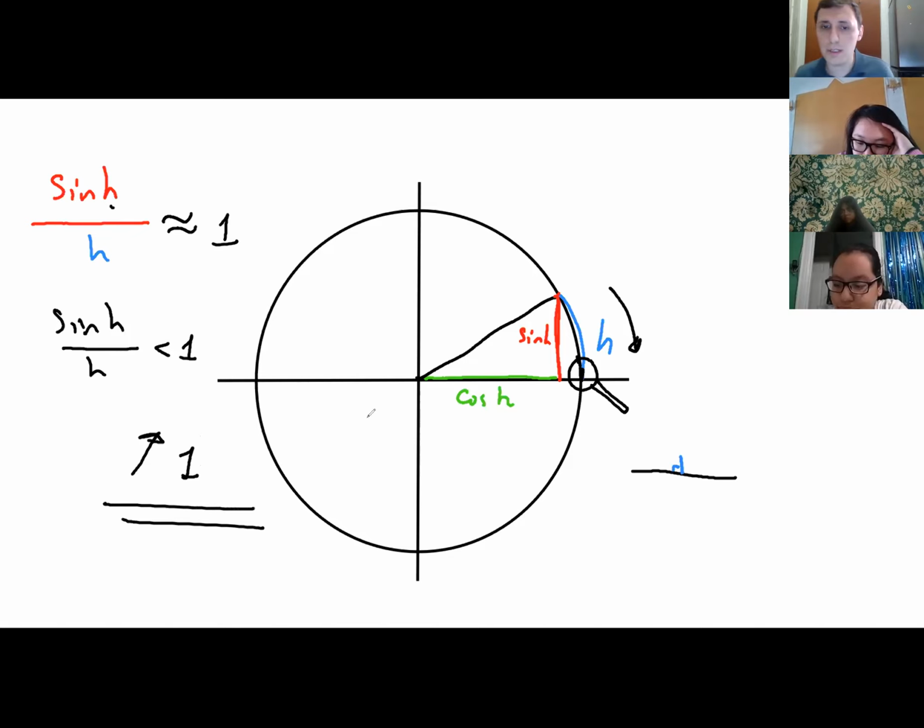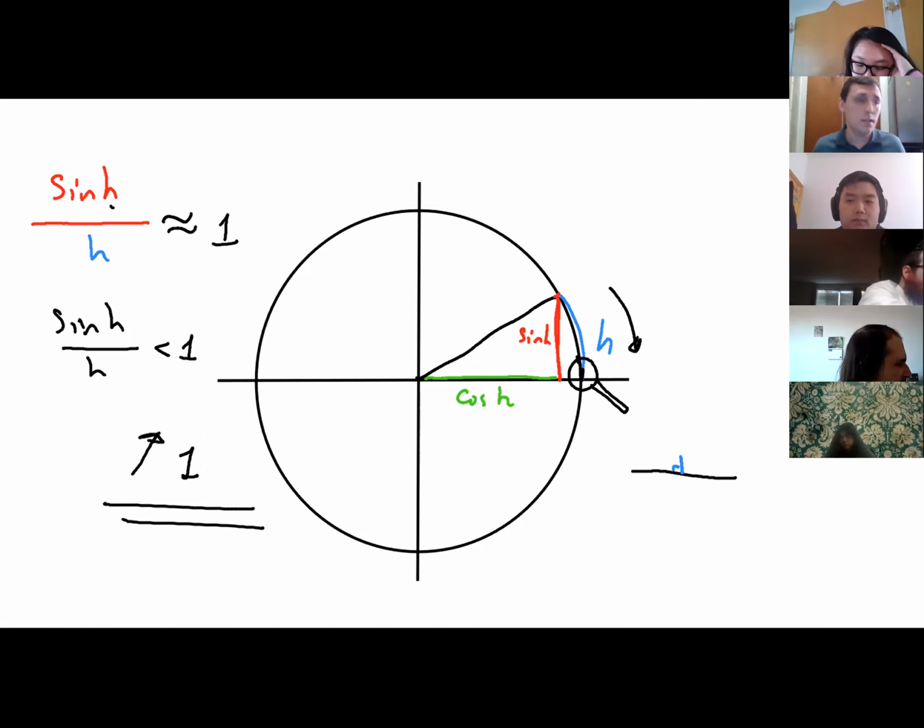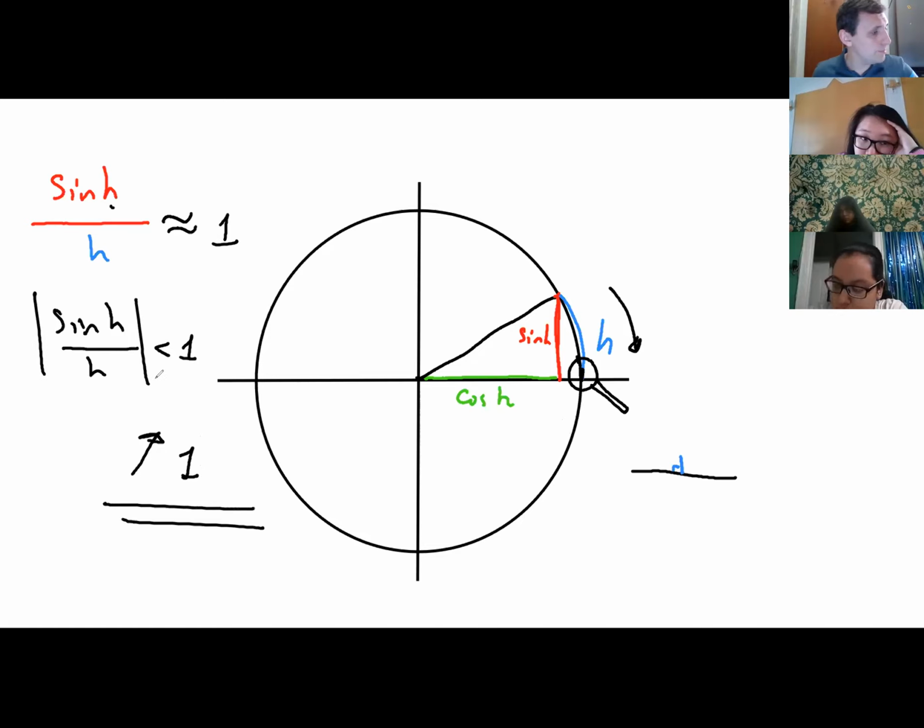The limit is growing towards 1, at least in the first quadrant. In the second quadrant, sine is negative, but the absolute value grows to 1. To be precise, the absolute value, right? So we don't have to distinguish. Maybe the angle is here. Maybe it's here, right? Maybe h is negative. So the sine h over h grows to 1.